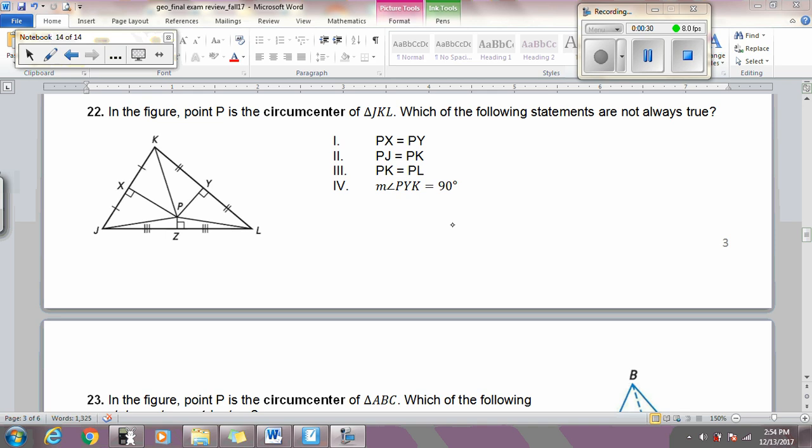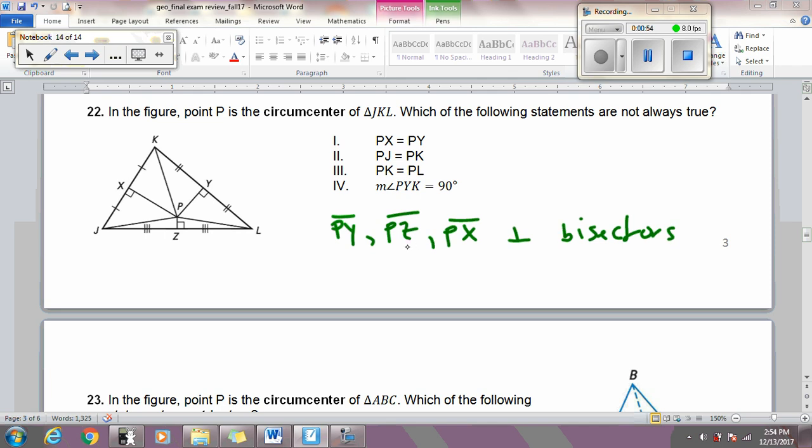So on this triangle, however, the perpendicular bisectors are PY, PZ, and PX. Those are your perpendicular bisectors.